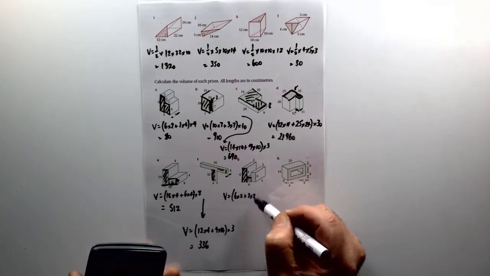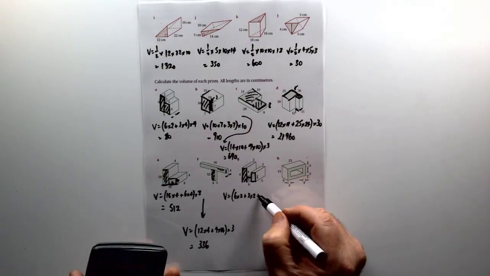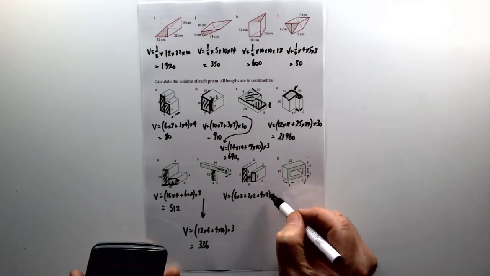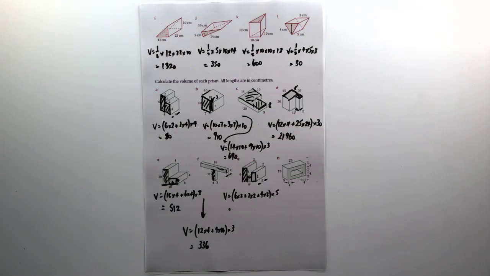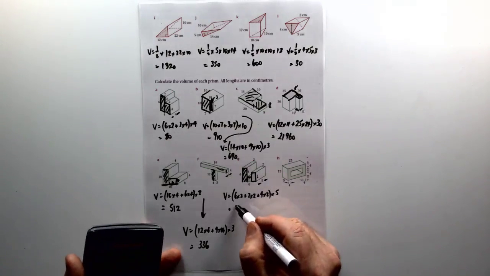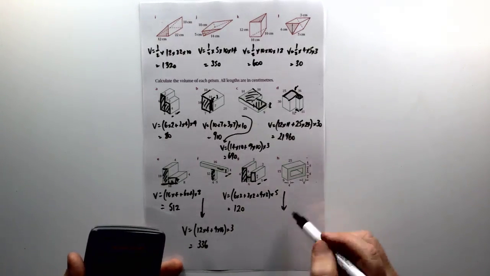So we've got 2 times 2. And lastly, we've got this rectangle here, which again is 4 times 2. And we multiply it by the 5, which is the depth there. Oh, what's that going to be? 24 times 5. Let's try 120. Again, a Mars bar if I get it wrong.